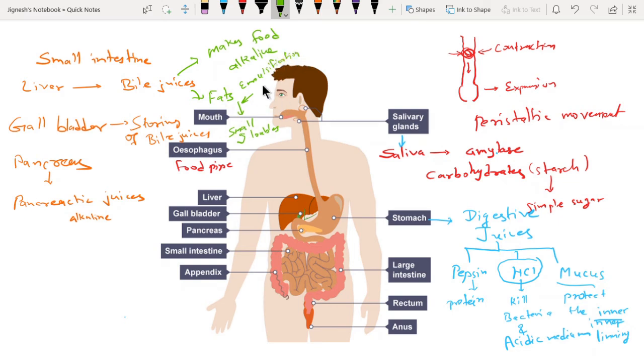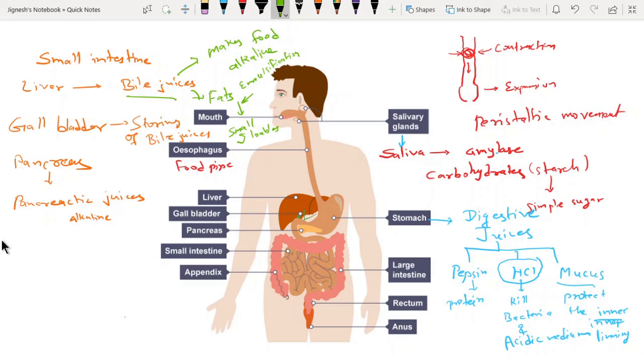So bile juice has two functions: it makes the food coming from the stomach alkaline, and it converts large fat globules into small globules by bile salts, called emulsification.